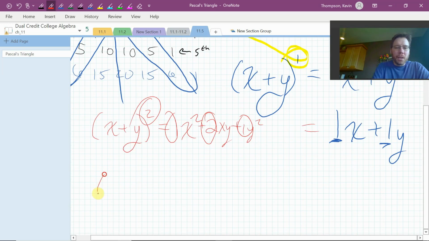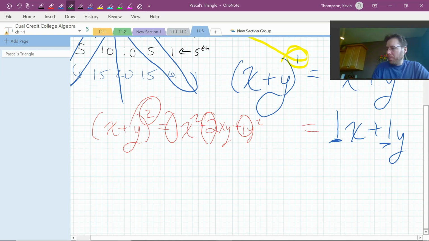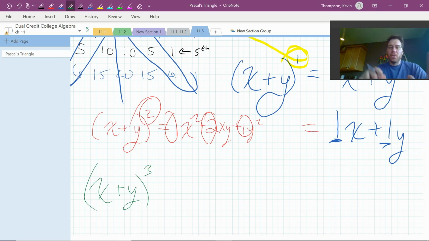So really, there's a tremendous shortcut to this thought, because if this continues, and it does, and I'd ask you to multiply out x plus y to the third, that could be a little bit annoying, right? We would have to do FOIL, distribute, get that answer, and then distribute again with all those pieces. There's a lot of steps in there.